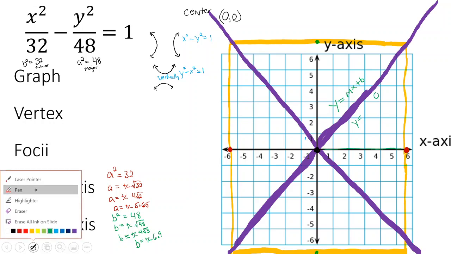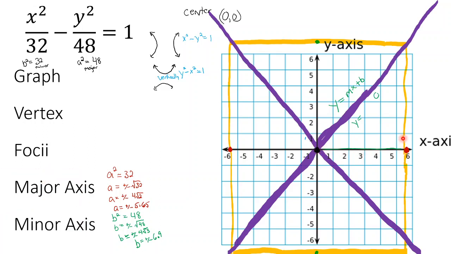Here, let me get my laser pointer out here so I can show you. You got a right triangle right over here, which is going to tell you change in y, change in x. And so I believe this change in x is square root 32, and this is square root 48. Now watch what happens if we did rise over run. It would be actually 4 root 3 over 4 root 2.